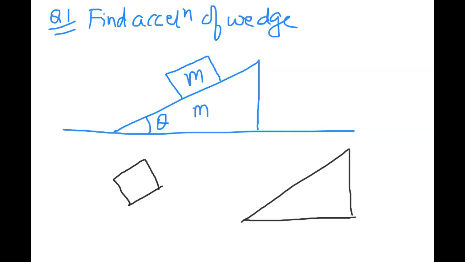So the first thing that we have to do is draw the FBDs, and FBDs will look like... हाँ महक ऐसा कुछ सही तो लग रहा है, पता नहीं correct है.